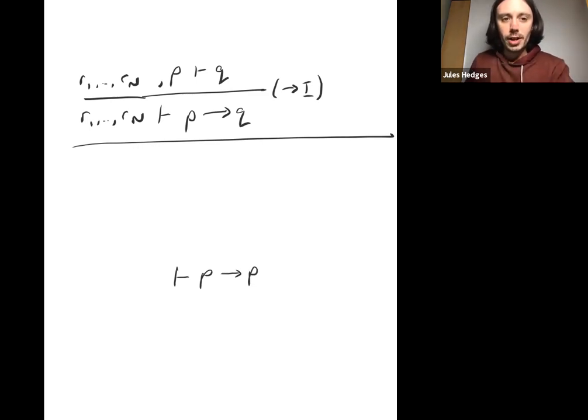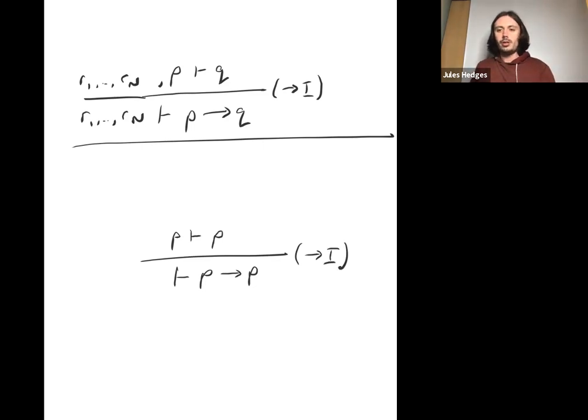So we can draw a line above it, and then we can write this sequence, P turnstile P. And then we label this with the name of the proof rule that we just used, which is implies I. So in order to prove P implies P from no hypotheses, what we now have to do is prove P from the hypothesis P.